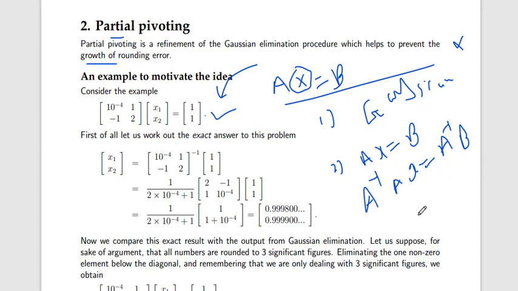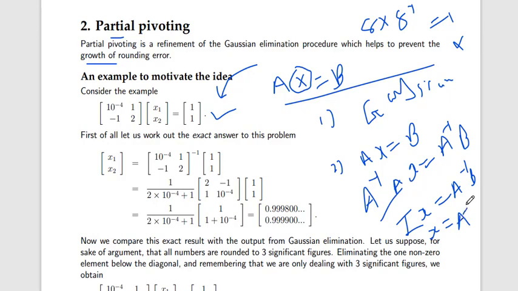So here A inverse into A means the identity matrix. If a number is multiplied by its inverse we get 1, but here it is a matrix, so we will get the identity matrix. Identity matrix into x is equal to A inverse b. Multiplying by the identity matrix leaves x the same, so x is equal to A inverse b. So this is the second method. We can also solve the equation by this method.